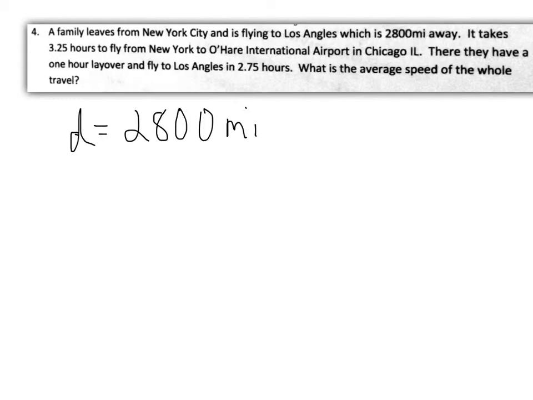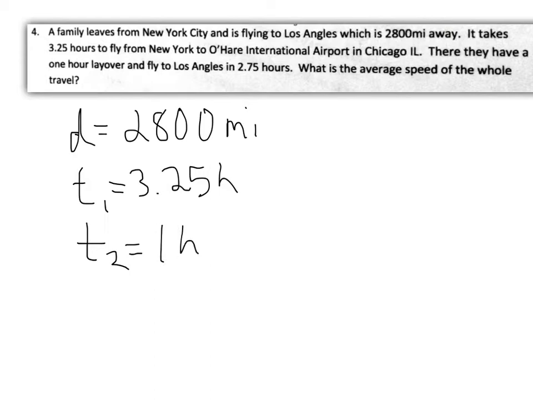It takes 3.25 hours to fly from New York to O'Hare, Chicago. There they have a 1-hour layover. And then they fly to LA in 2.75 hours. What is the average speed of the travel?